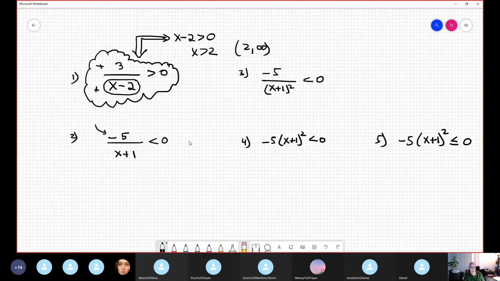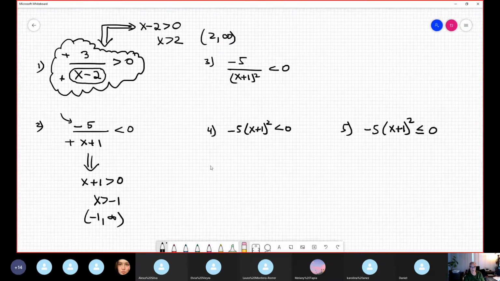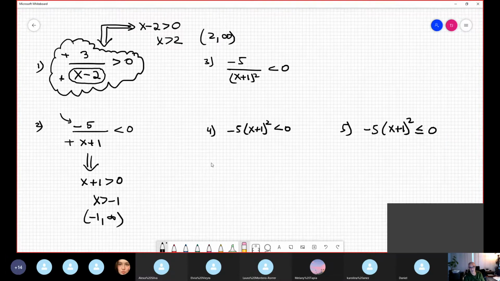It's because the top part is positive. Okay, it's equivalent to say x plus 1 to be positive. And that's it. Forget -5, forget the rest, the fraction. Because x is greater than -1. Okay, and our answer is from -1 to infinity.